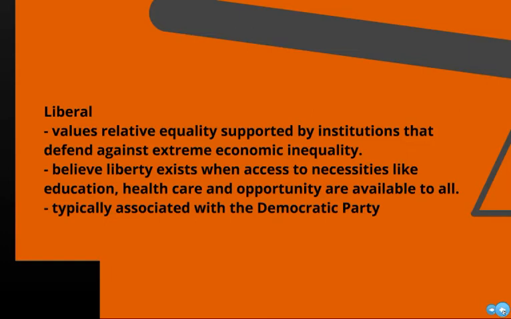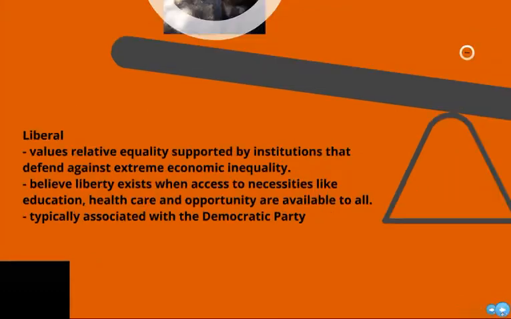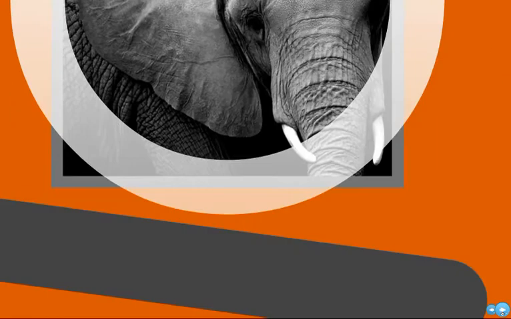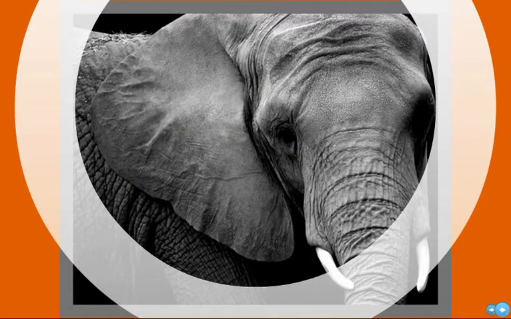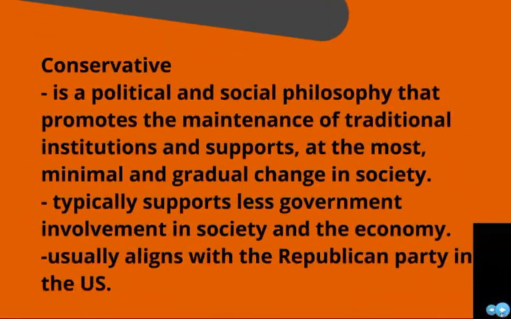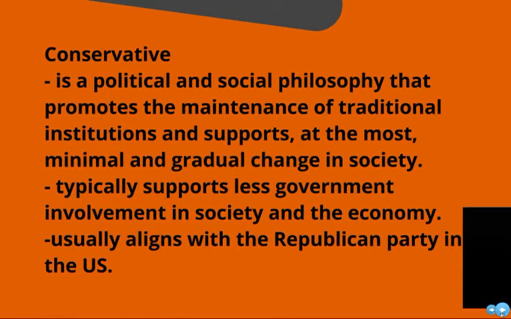Now, if you are conservative, you will be in line with the Republican Party usually, and the Republican Party symbol is the elephant. And what it means to be conservative is that your philosophy promotes the maintenance of a traditional institution, or what is the status quo.